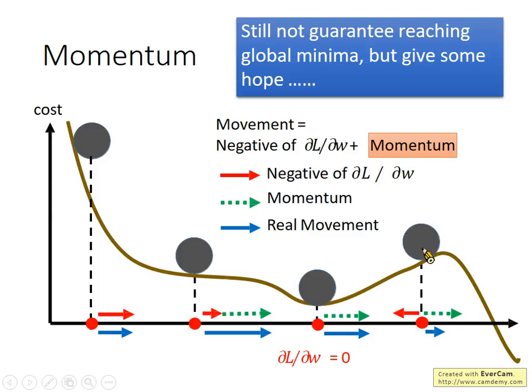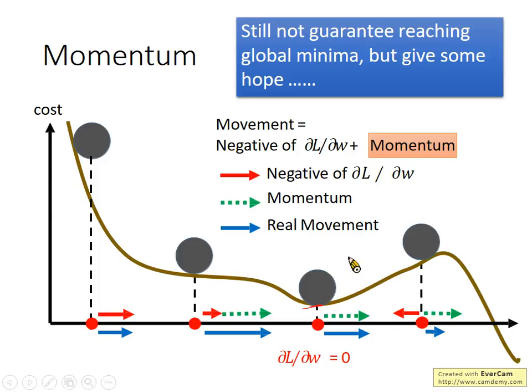At this point, the negative direction of the gradient is toward the left, but the momentum value is still toward the right. So by adding the negative gradient and the momentum, we still decide to move this data point to the right. After we go across the peak of this hill, we have a chance to find a solution better than this local minimum.